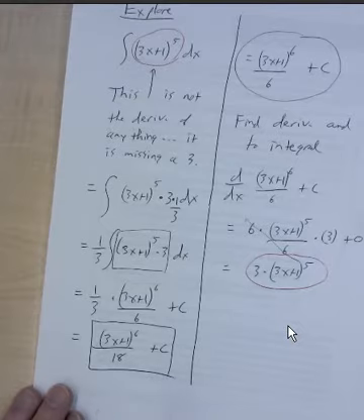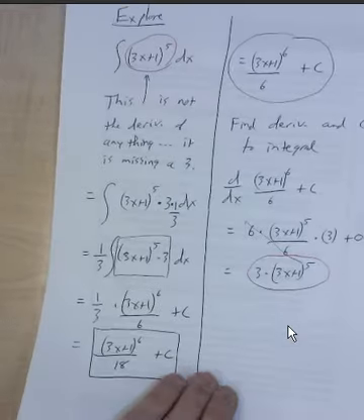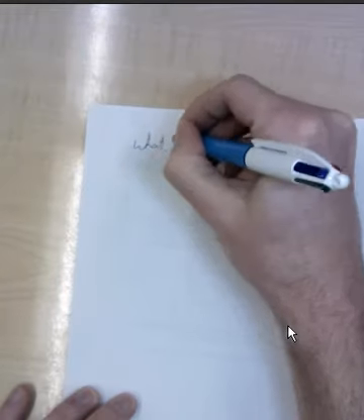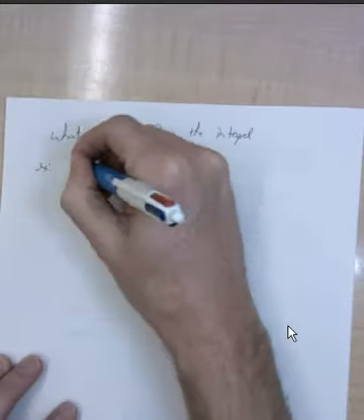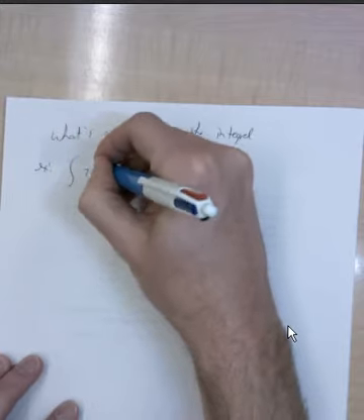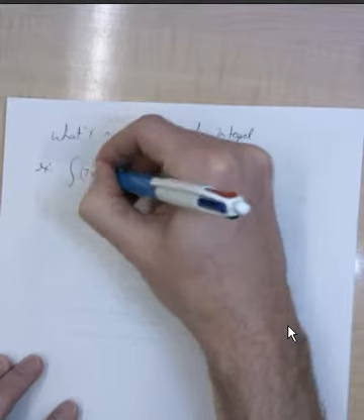So I'm gonna go a little more advanced here. I'm not gonna actually have us integrate this, but I'm gonna have you tell me what's missing. So here's the question: what's missing from the integral? So let's do the integral of 7x squared plus 3 to the 19th dx.